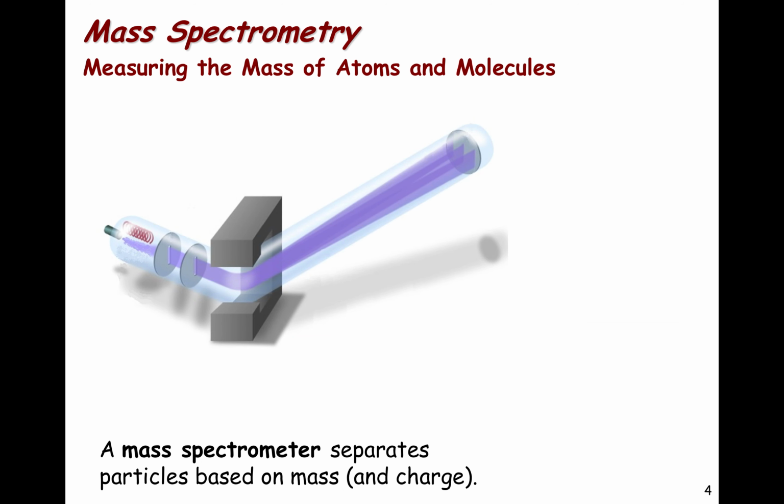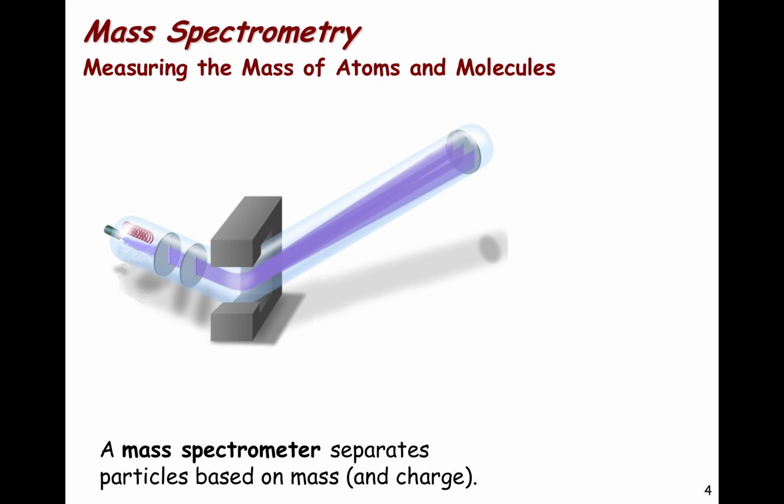Turns out that one of the very useful modern pieces of instrumentation that can be used to determine the relative amounts of the various isotopes for elements and compounds is called a mass spectrometer. In essence, this is a device which generates a particle beam.